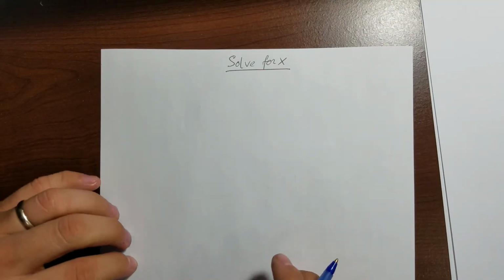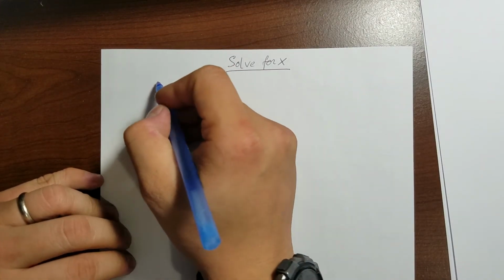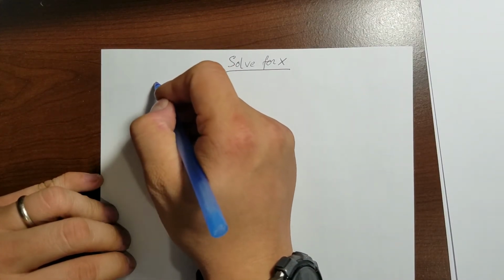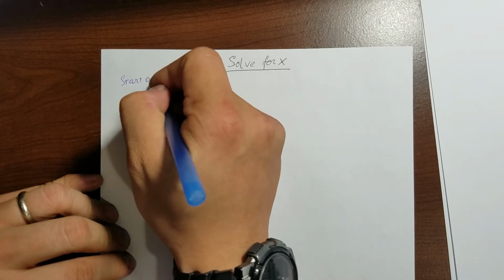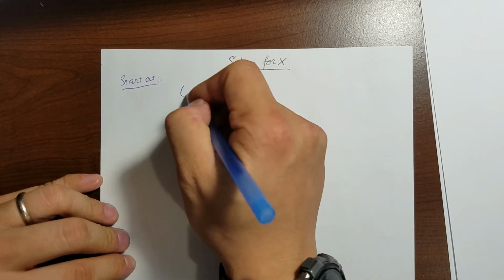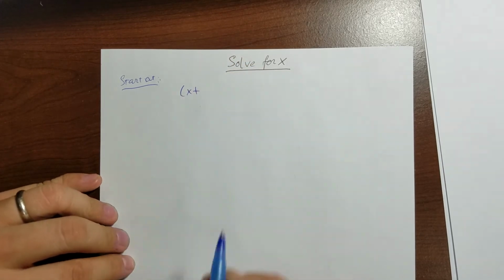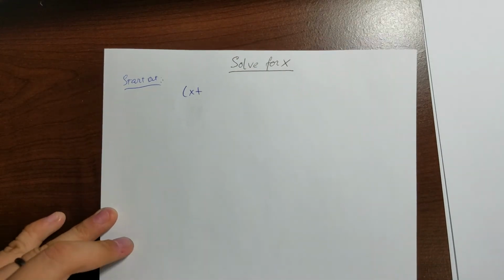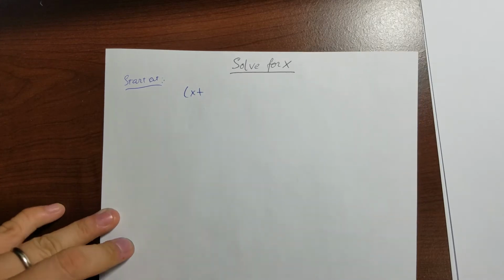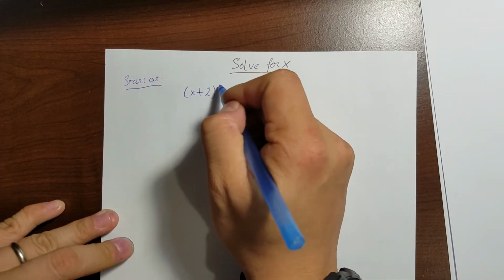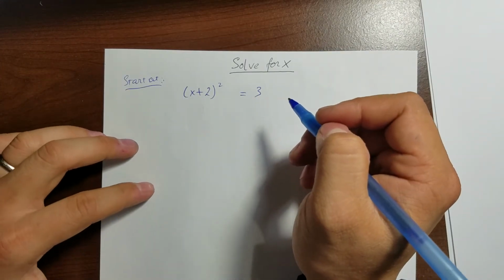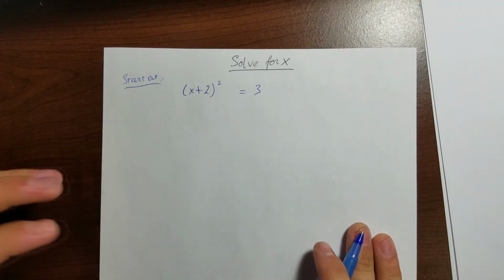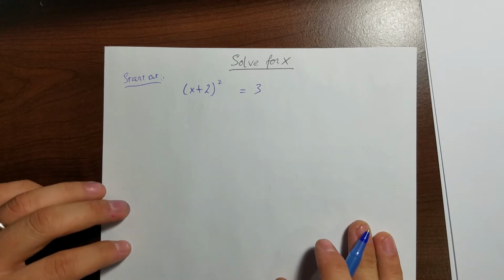So now to solve for x, I'm just going to start at x plus 2 squared equal 3. The reason why I start at this one is that it pretty much saves me some time.